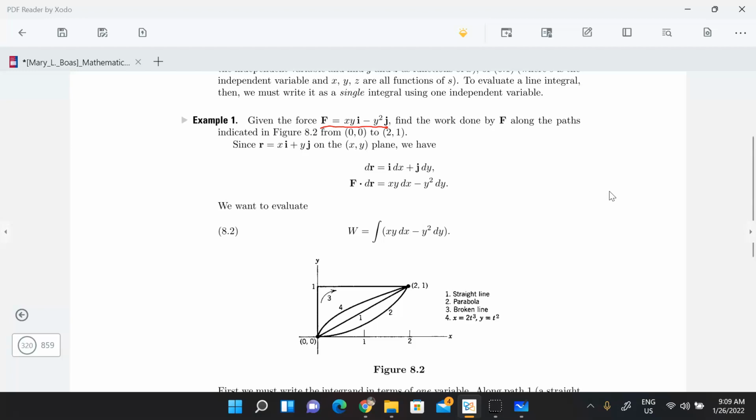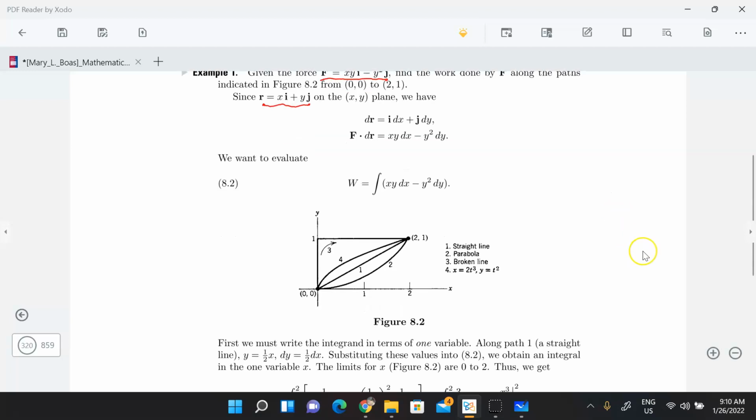And then your path is going to be determined by the position vector, really, and what path it is is usually given in the question or specified by some means.